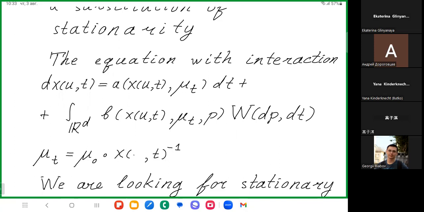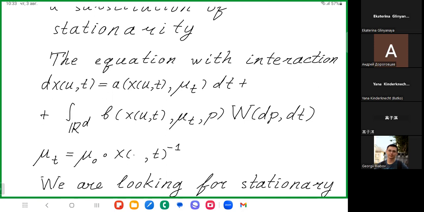So if we just guarantee that mu t are bounded in Wasserstein distance, which can be achieved via boundedness of moments of the mappings x(u, t), then we cannot guarantee that we will have some invariant distribution because we have no compactness.